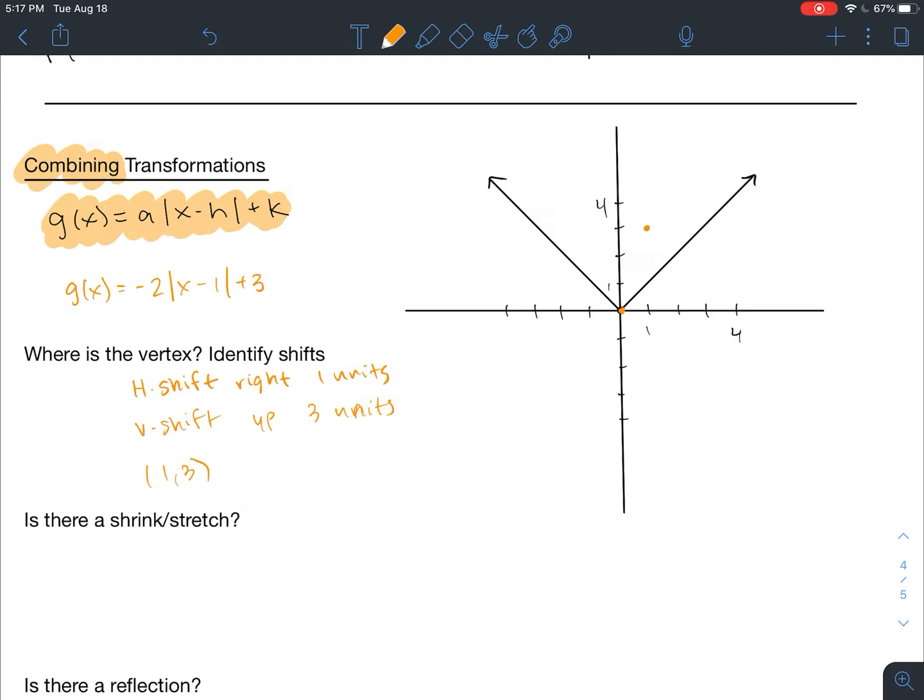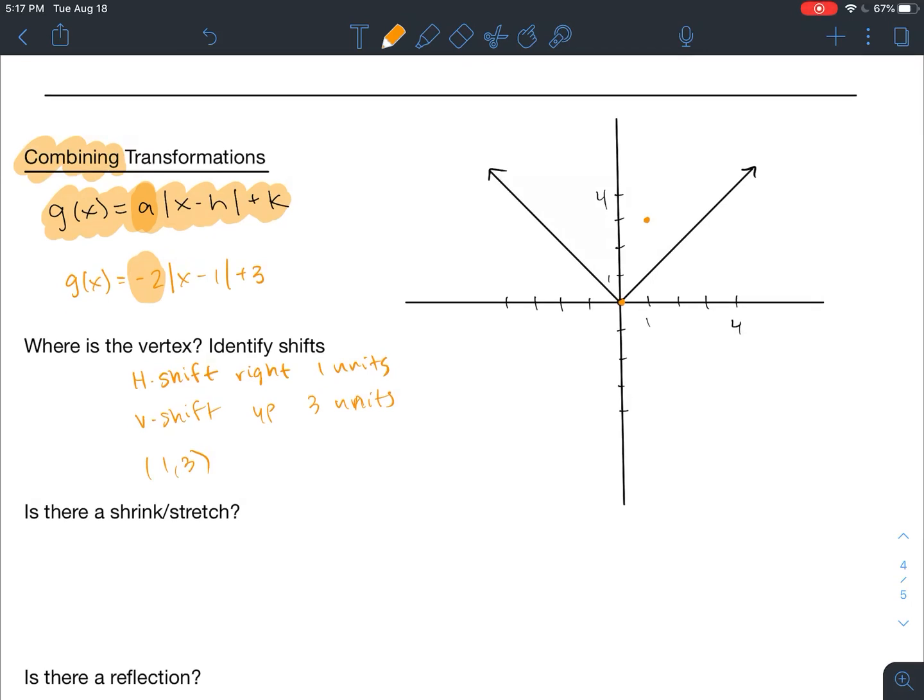So our next question is, is there a stretch or a shrink? We do have an a value right here. It's negative 2. So |a| is 2, greater than 1, so we will have a vertical stretch by a factor of 2.